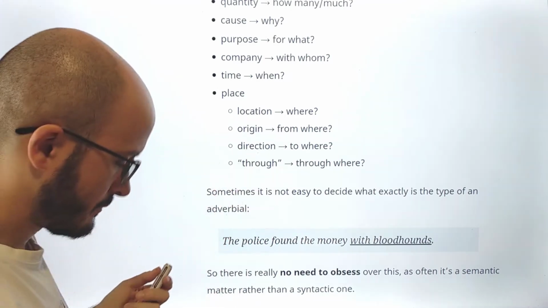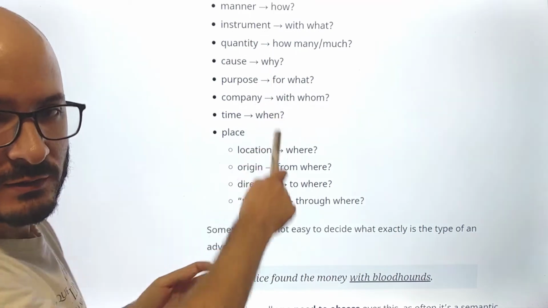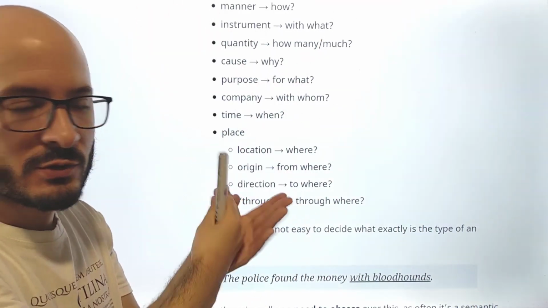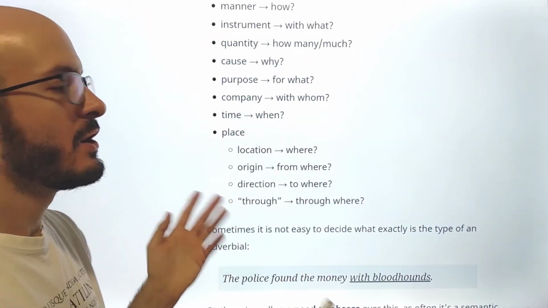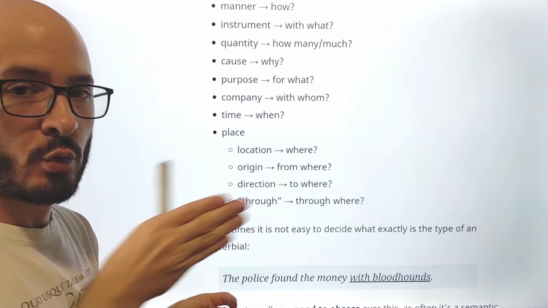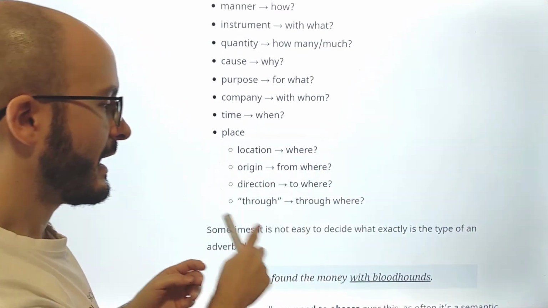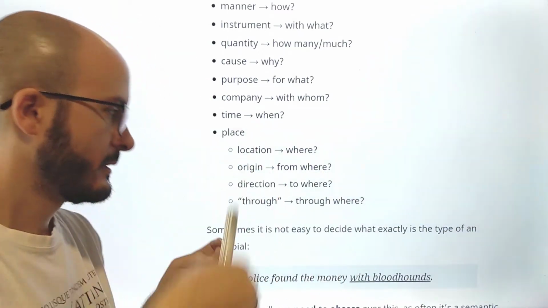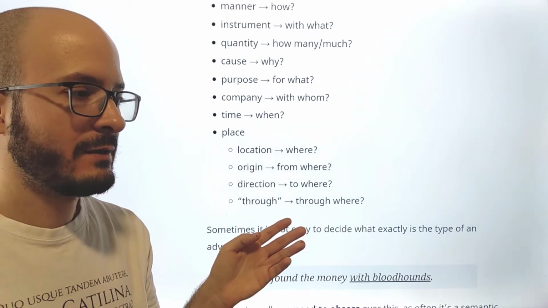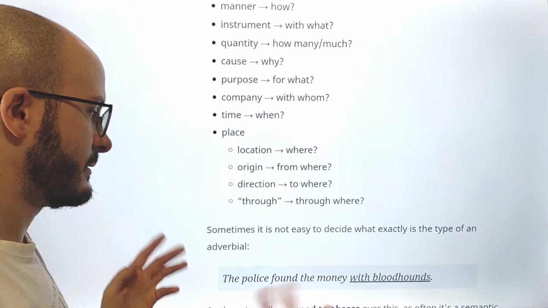Of course, I'm always writing the preposition in front just to have some consistency, but it doesn't matter if you say from where or where from. Direction: to where? So you see that origin is like this, direction is like this, and then through where? For example, I exit through the window. Whatever.